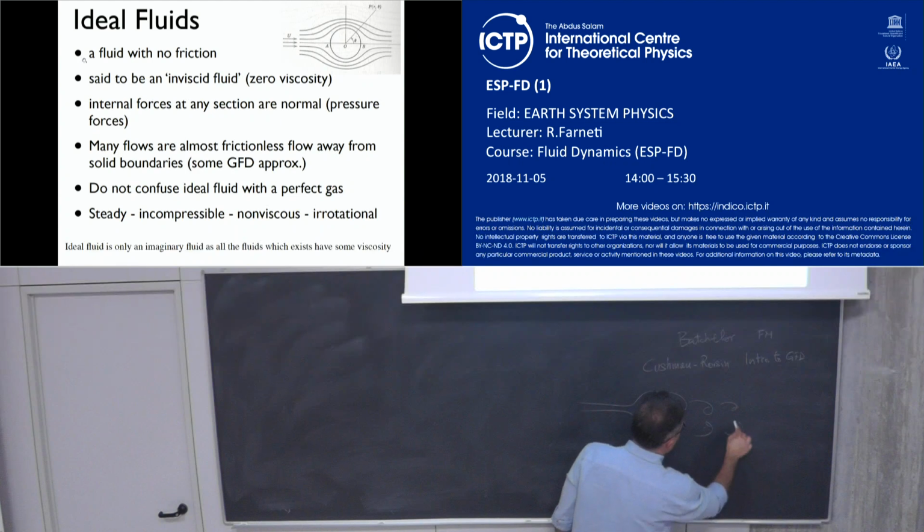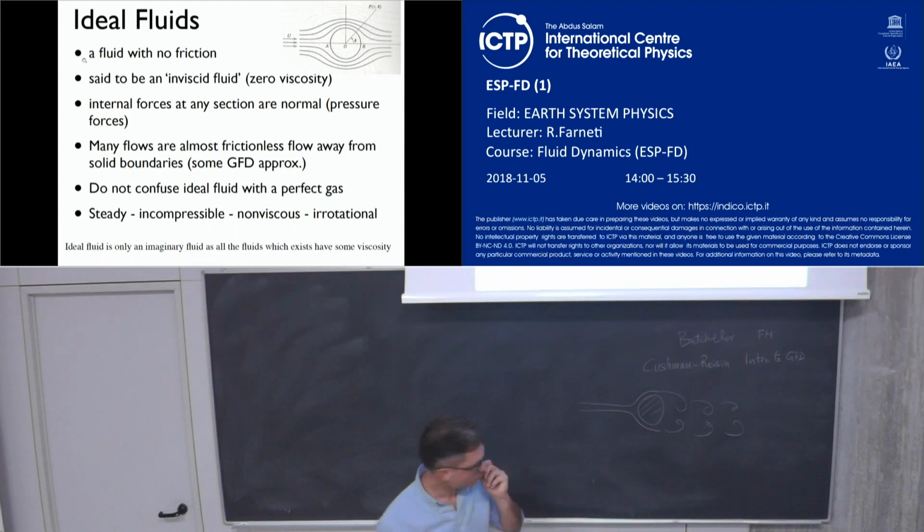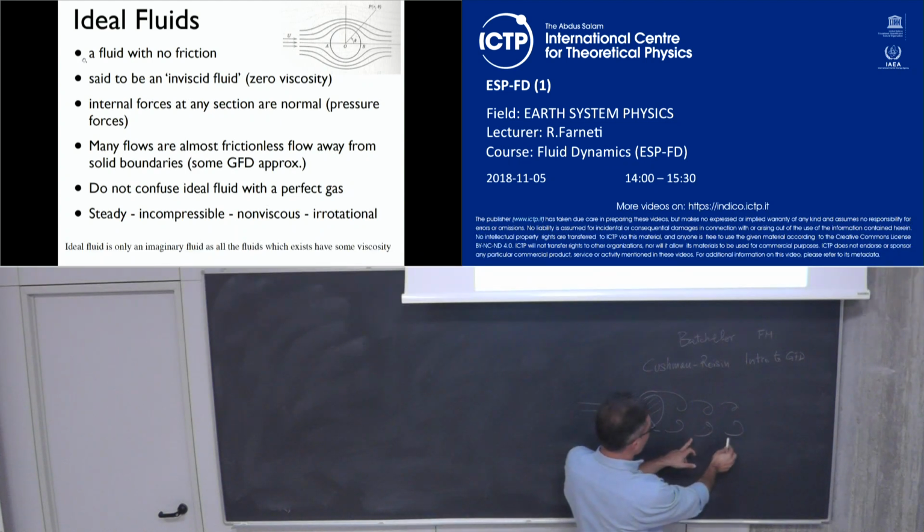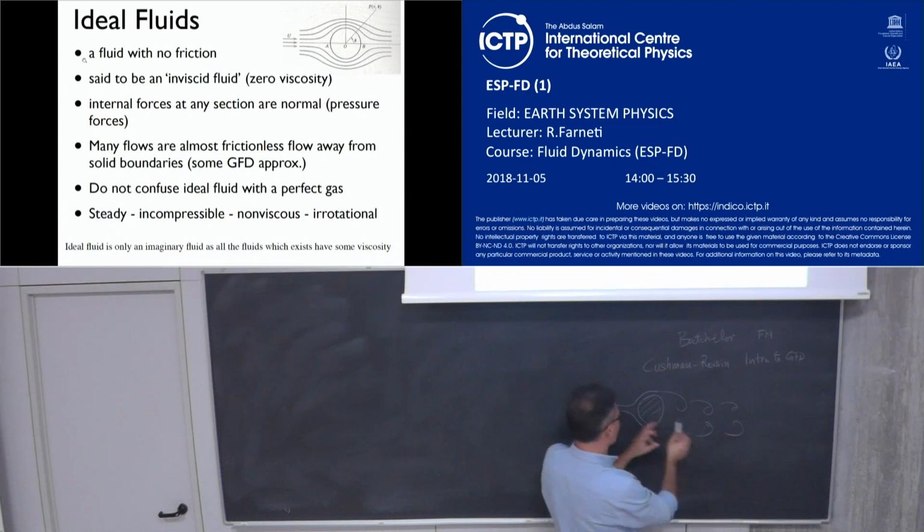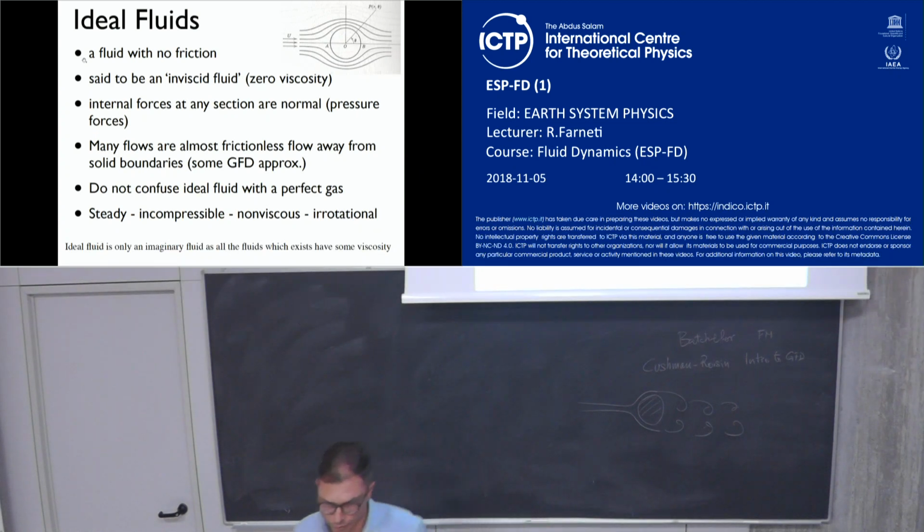Things were becoming turbulent. And so the behavior of the fluid past the obstacle was much different than the behavior of the fluid before the obstacle. And that's because of a lot of friction interaction with the obstacle and so on.